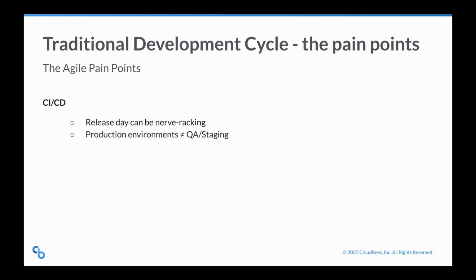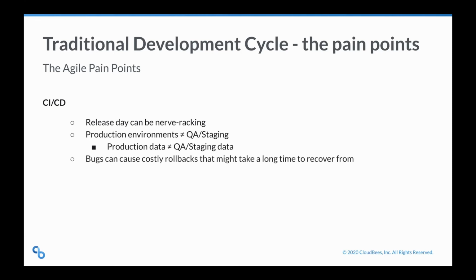Production environments obviously are a lot of the times not the same as QA and staging. Production data is different from QA and staging data, amongst other things, right? You have environment variables, and maybe your production data is containerized, but your QA and staging data isn't containerized.